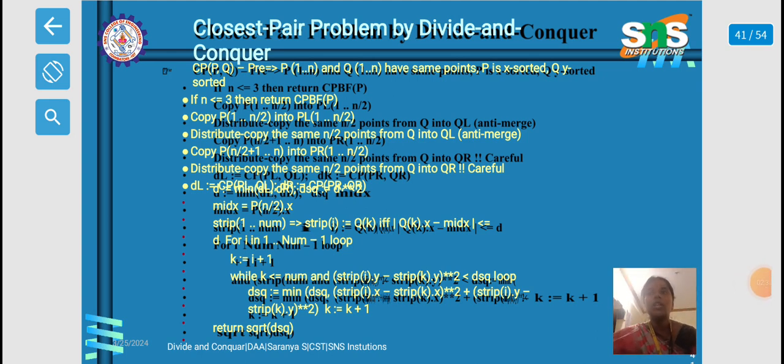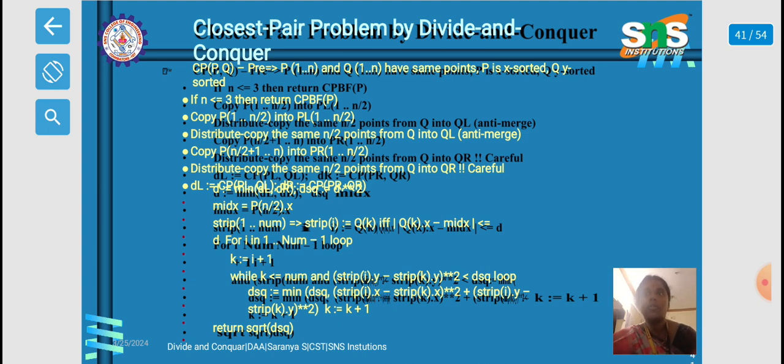The algorithm EfficientClosestPair(P, Q) solves the closest pair problem by divide and conquer. The input is an array P of n greater than or equal to 2 points in the Cartesian plane sorted in non-decreasing order of the x-coordinates, and an array Q of the same points sorted in non-decreasing order of the y-coordinates.